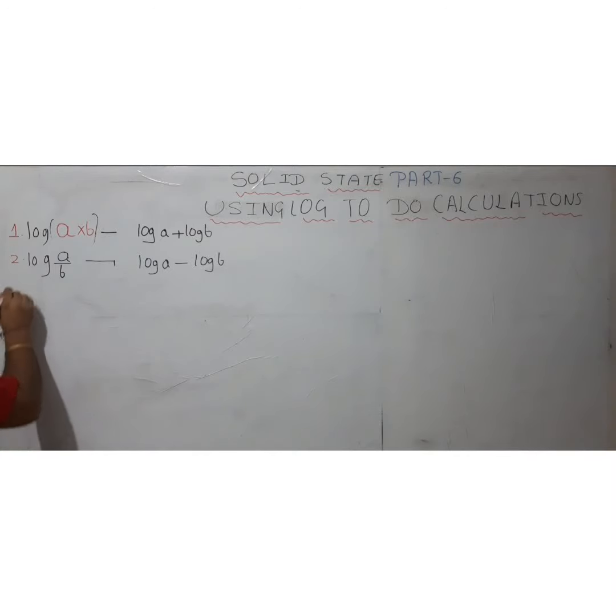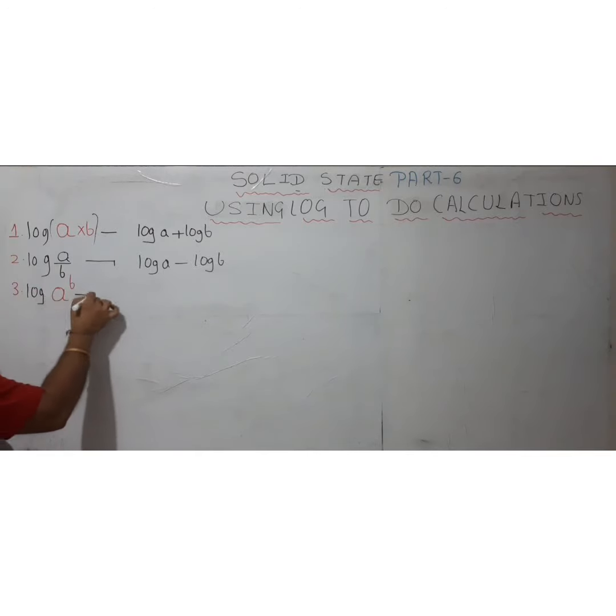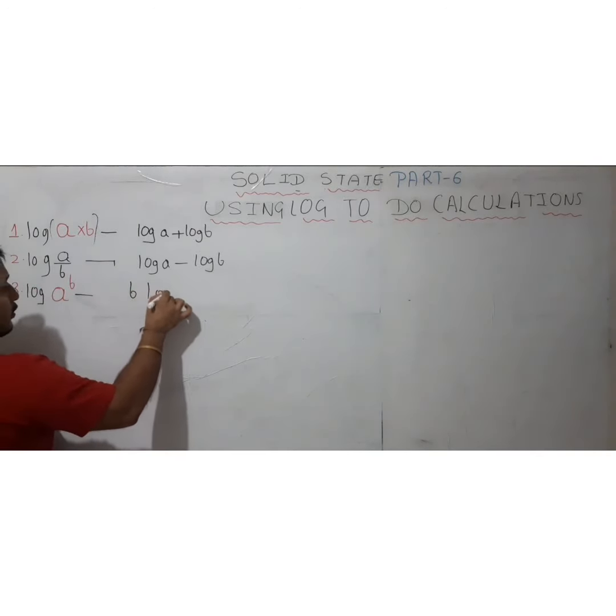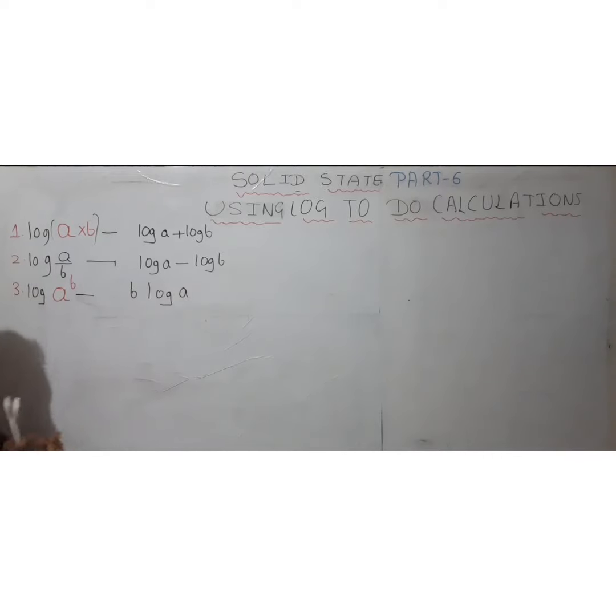If anything is in the form of a power, like A is there and its power is B, and we are applying the log in this, then the identity will become B log A. Clear? So like that, these identities we are going to use.